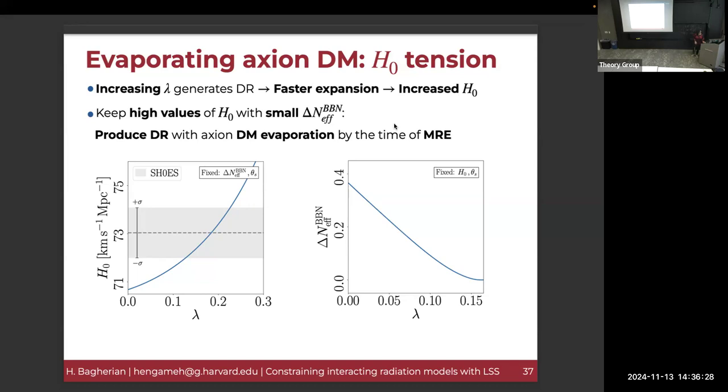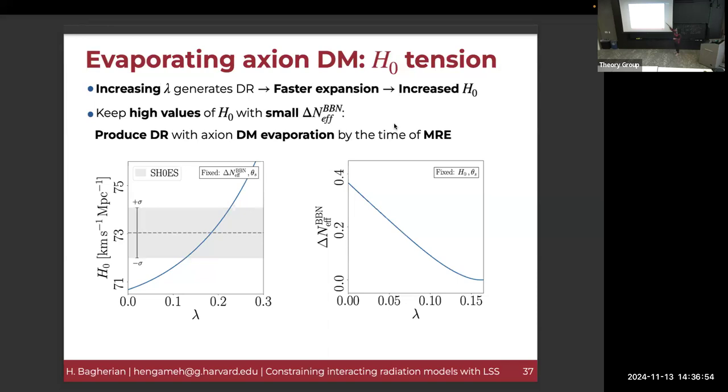And another way of looking at it: I don't want to populate my dark sector around BBN. One way to address the Hubble tension is to add a lot of dark radiation around BBN, but then that messes things up. But in this model, you don't have to start with a big amount of dark radiation, because if I just increase the evaporation rate, by the time I make it to matter-radiation equality, I can give you the same.